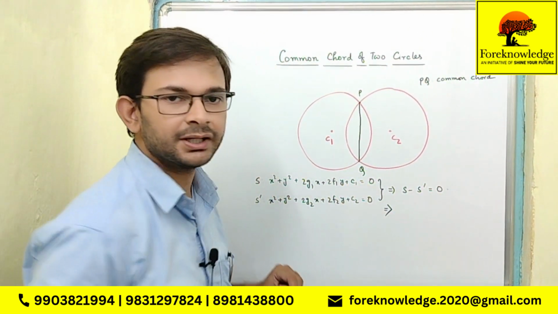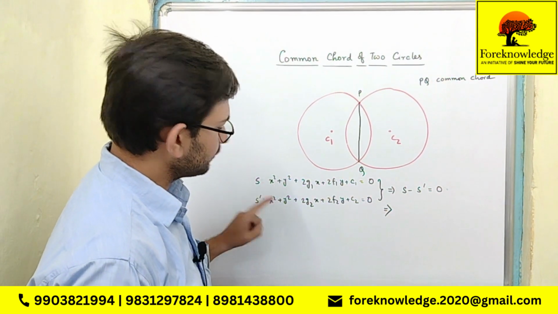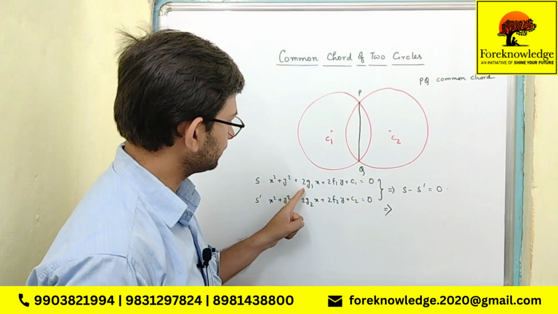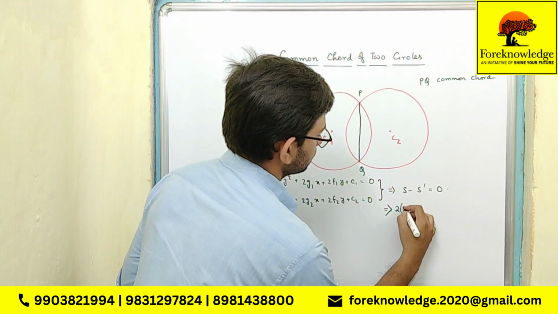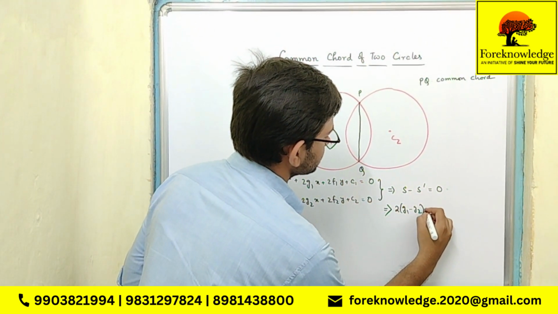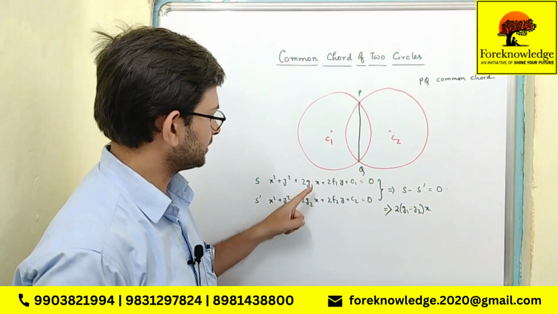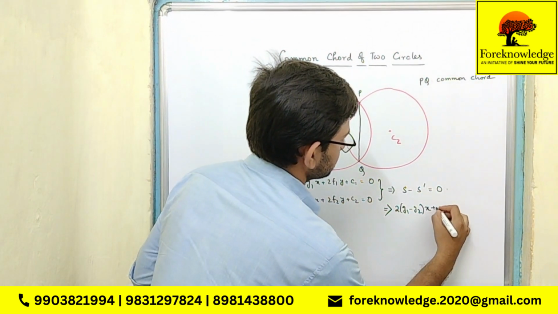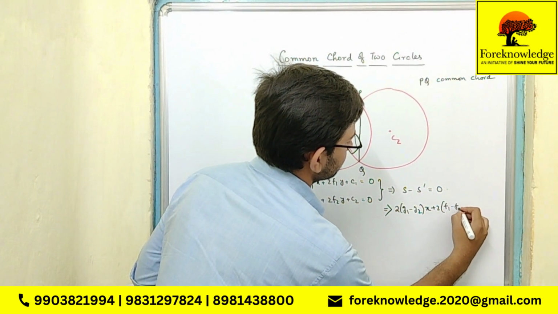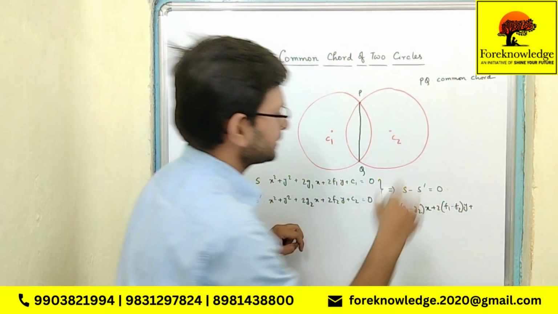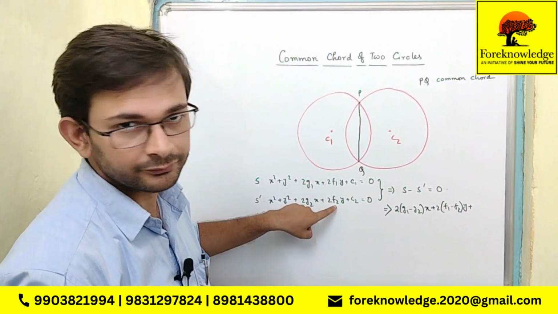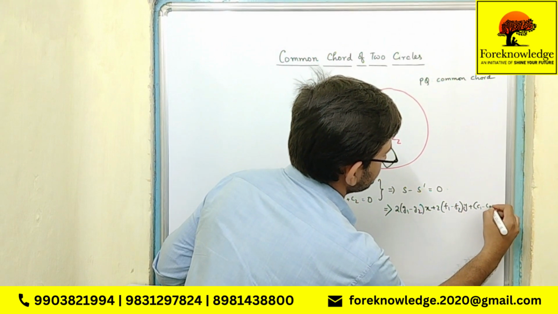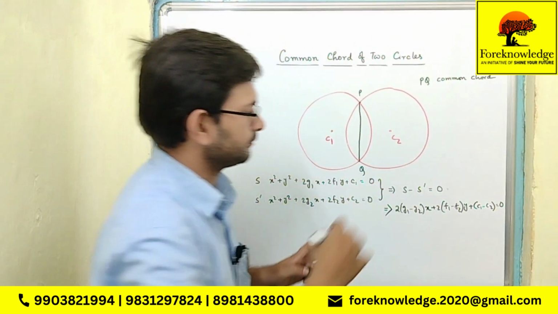On subtraction, x square will get cancelled, y square will get cancelled. The remaining terms: 2 times (g1 minus g2)x plus 2 times (f1 minus f2)y plus (c1 minus c2) equal to 0.